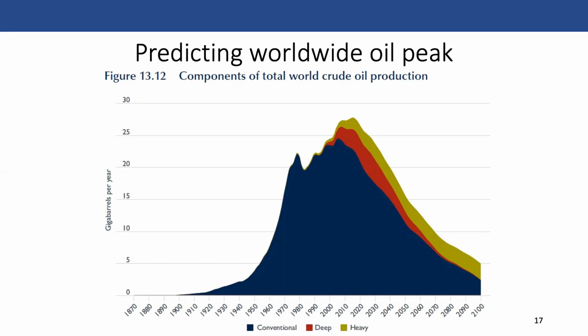And so this is one example of someone's prediction of when the peak will happen, saying that the conventional oil peak has already happened, and then these other sources of production are also going to be decreasing pretty soon. So, in this sort of decadal time span, people will maybe think that we already have hit the peak, or that we will be hitting the peak over the next decade or so.